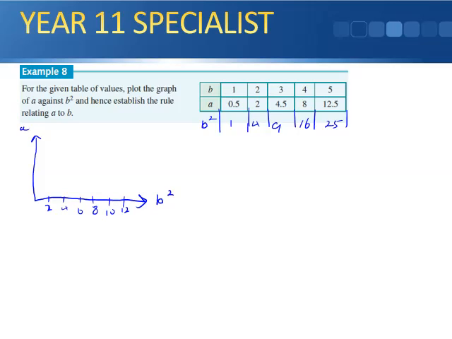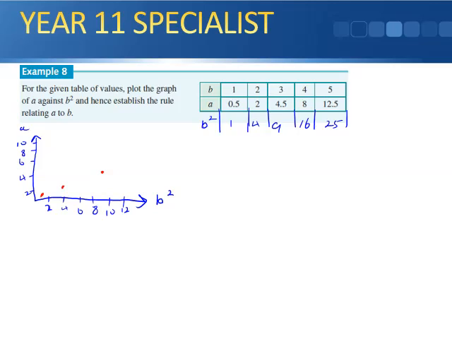That's all I'm going to go up by, and then I'll go up by, I'm going to go to a, 12, so I'll go 2, 4, 6, 8, okay, and I'll do one more, 10. So the first one is going to be b squared, which is 1, and a is a half. 4 and a is 2. 9 and a is 4.5.